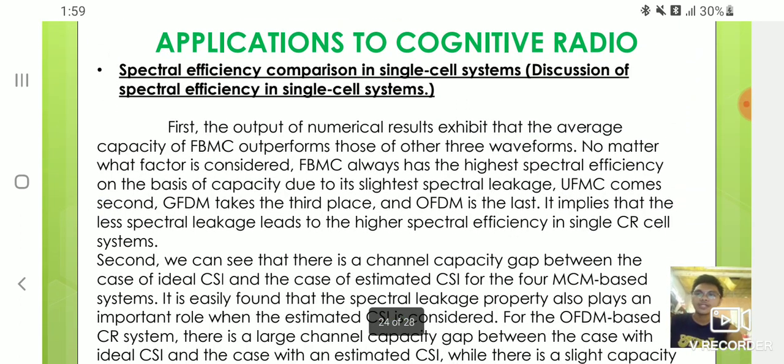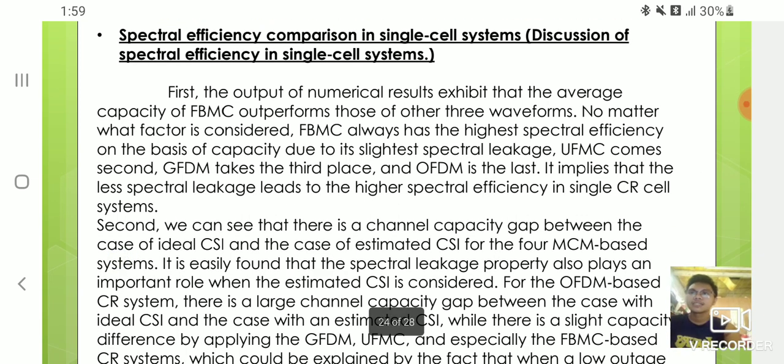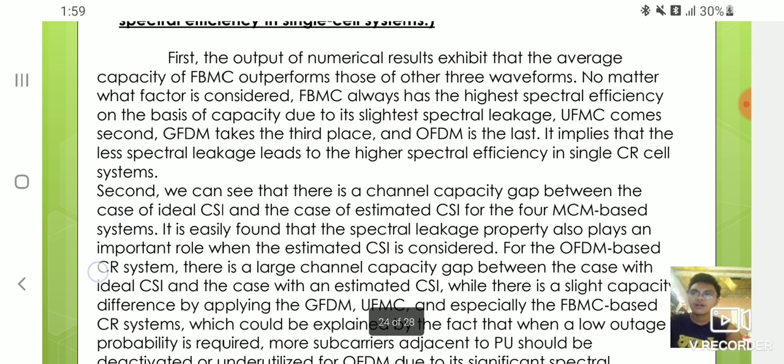Next, under the spectral efficiency comparison is the discussion of spectral efficiency in single cell system. First, the numerical results exhibit that the average capacity of FBMC outperforms those of the other three waveforms.